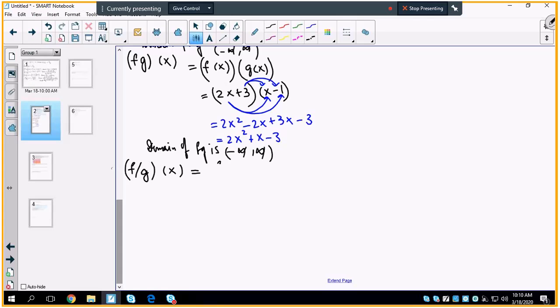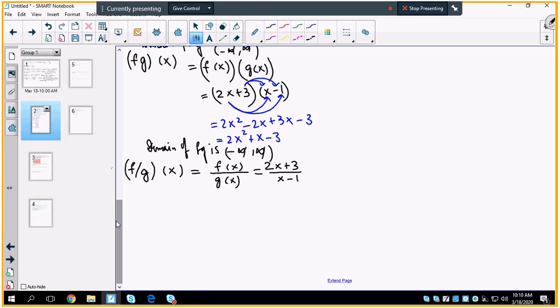So this is writing f(x) in the numerator over g(x) in the denominator. I know that f(x) is 2x plus 3 and g(x) is x minus 1. Since I have two linear factors on top and bottom which are not like factors, there is no cancellation. Hence, this is your final answer for the algebraic form.